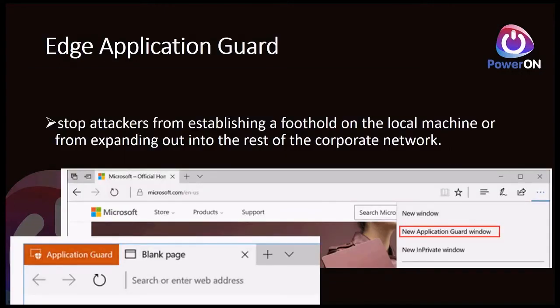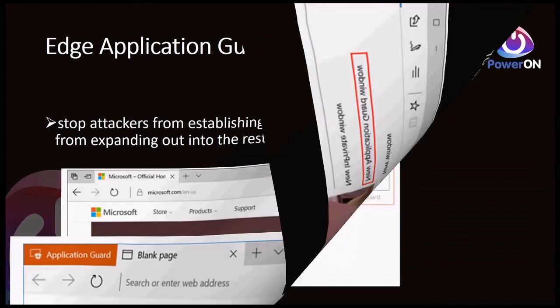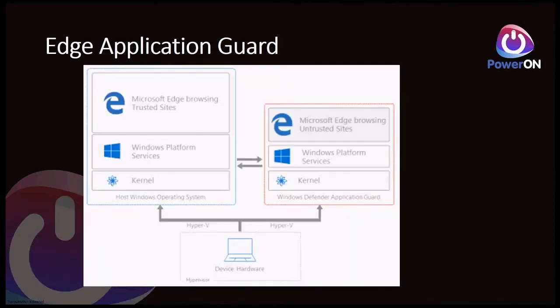So Edge I've already mentioned. I think the only thing that I missed out on is that through group policy we can actually have persistent bookmarks in the Application Guard version, but we are still using the Hyper-V silo. So we are still using containers to isolate the Edge that's running on untrusted sites from the rest of the platform and, say, internal browsing, the trusted site browsing.